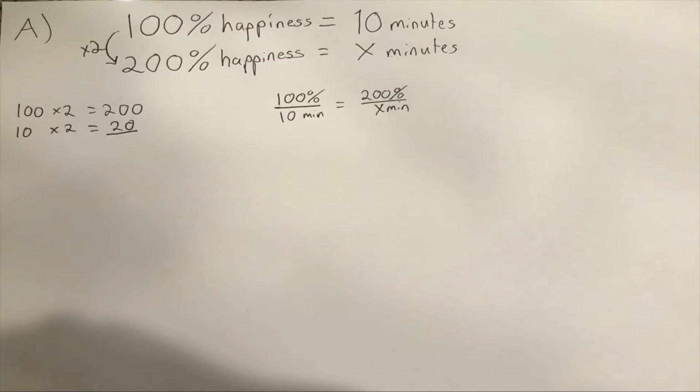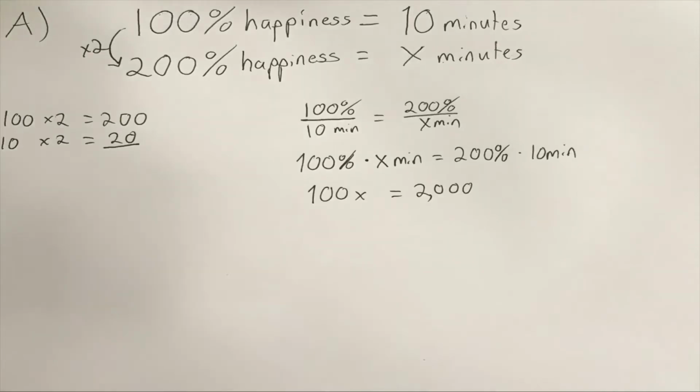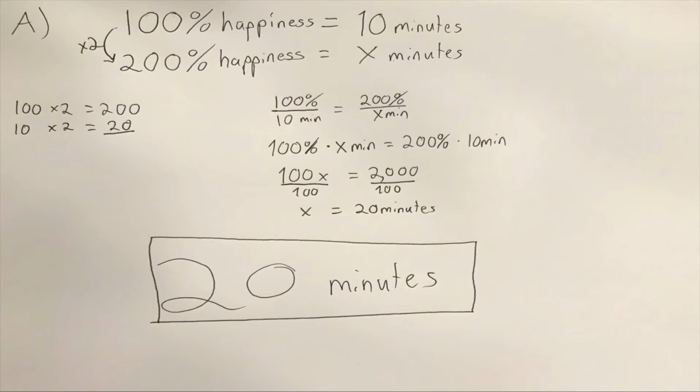And let me write this out for you. So this way we can combine whatever we can combine. I personally dropped the units because it's less of a headache, but please use units on your exams. So solving for x, we get x equals 20, meaning that when Mr. Iskander is twice as happy, we have 20 minutes to solve the problem.